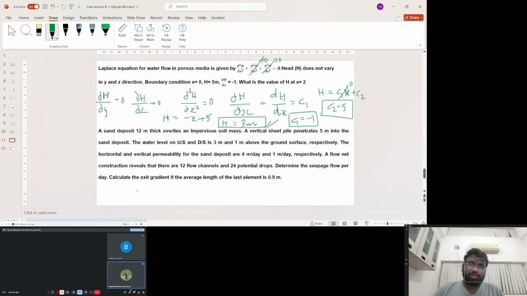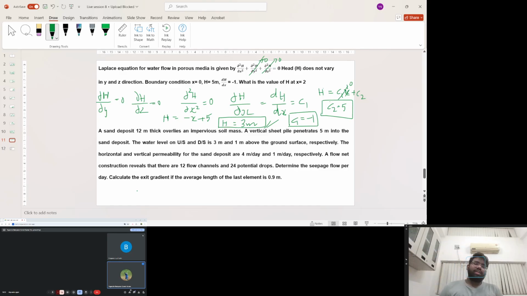A sand deposit 12 meters thick overlies an impervious soil mass. The vertical sheet pile penetrates 5 meters into the soil deposit. The water level on the upstream and downstream side is 3 meters and 1 meter above the ground surface respectively.